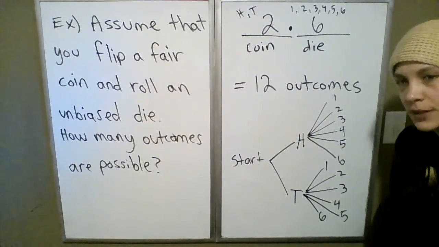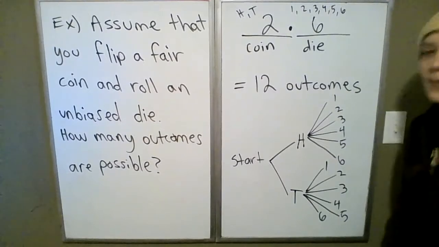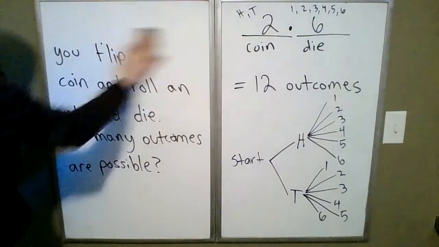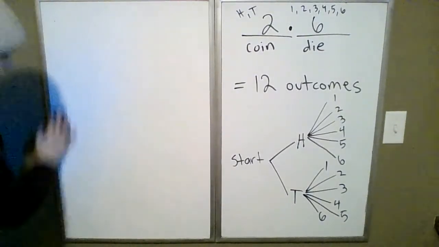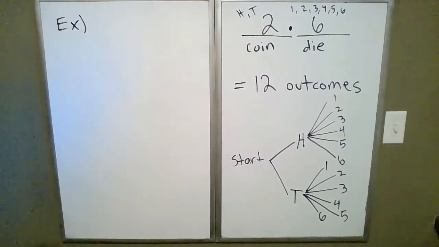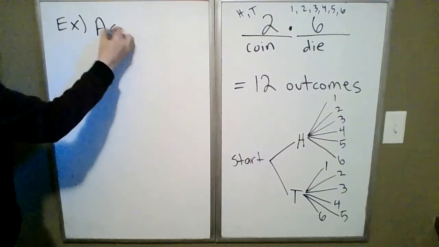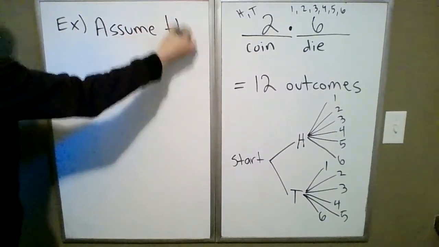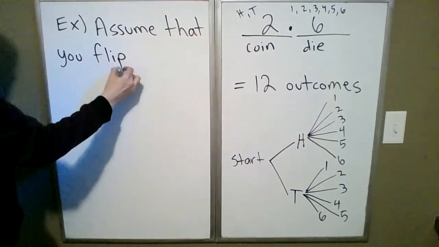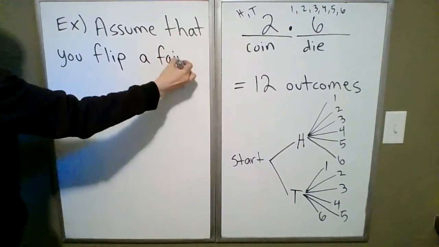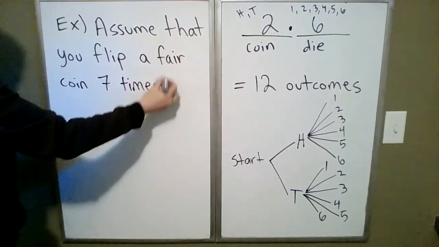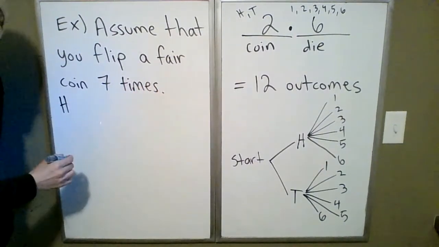In the next experiment, you flip one coin 7 times. How many outcomes are possible?